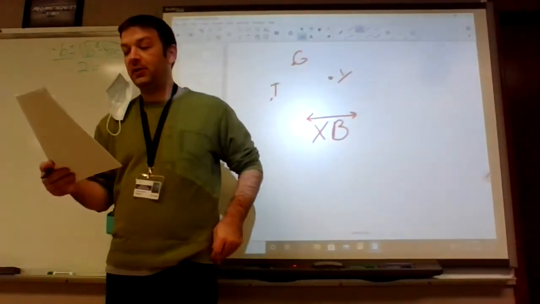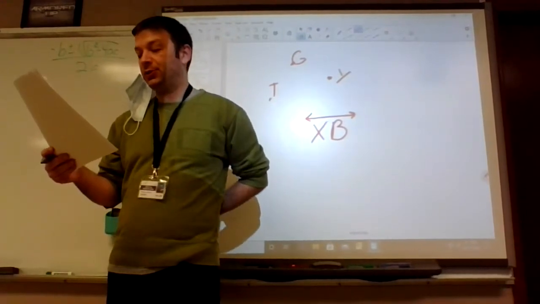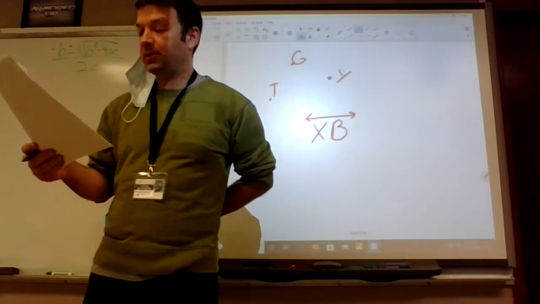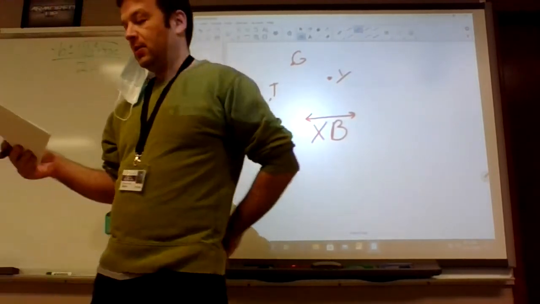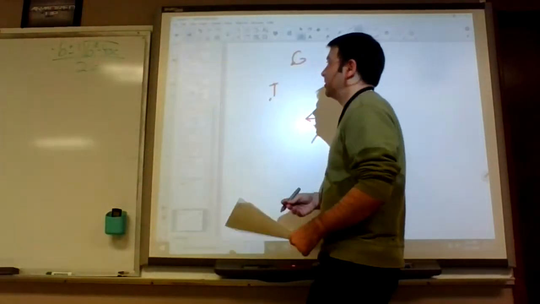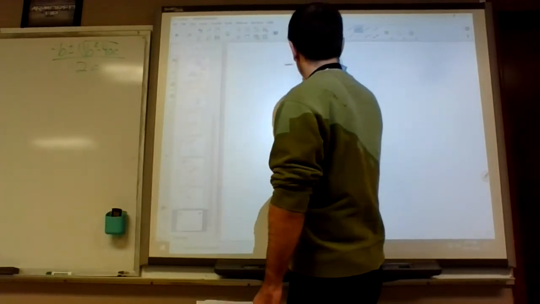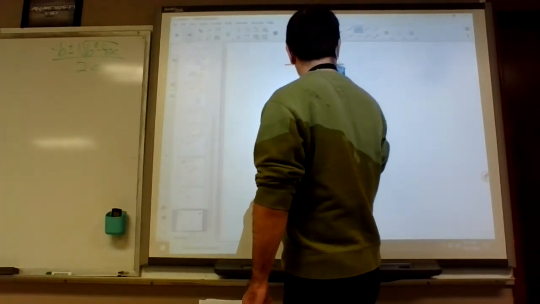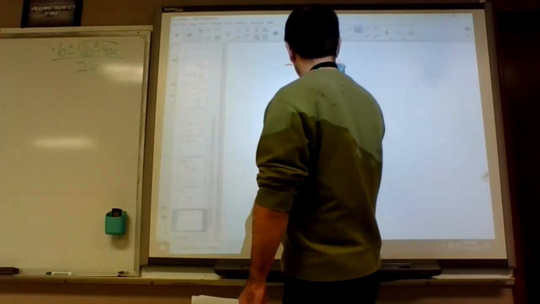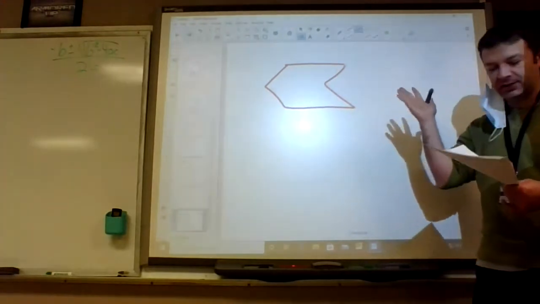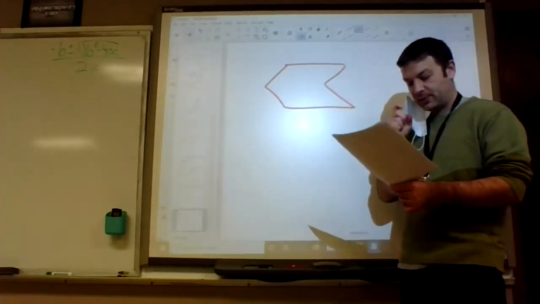Okay, so on 15, 17, and 20 are all regular. All the sides are the same, all the angles are the same. A concave hexagon, yours might look a little different than mine, but this is what I drew. So instead of going out right here, I just went in right there. That was mine. It just has to have 6 sides, doesn't really matter what it looks like.